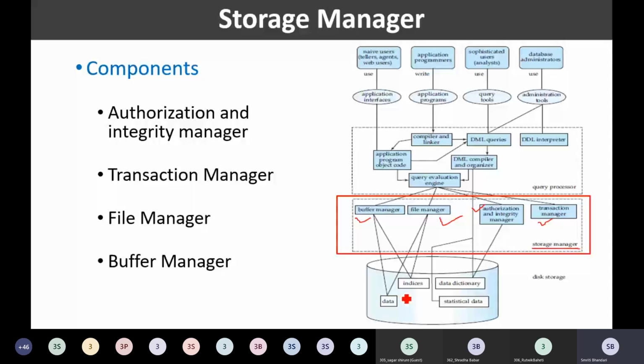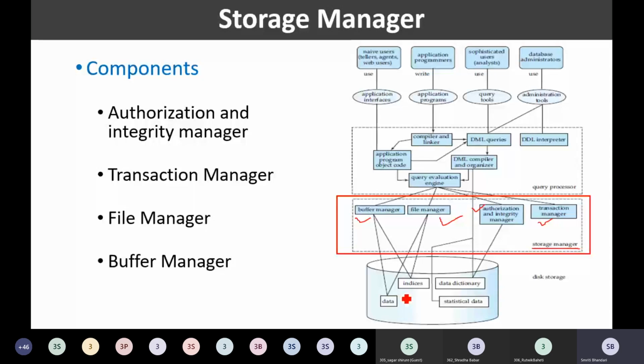So this authorization and integrity manager first checks whether the user who wants to access the data is authorized or not. I'll repeat. The data is stored in the disk.